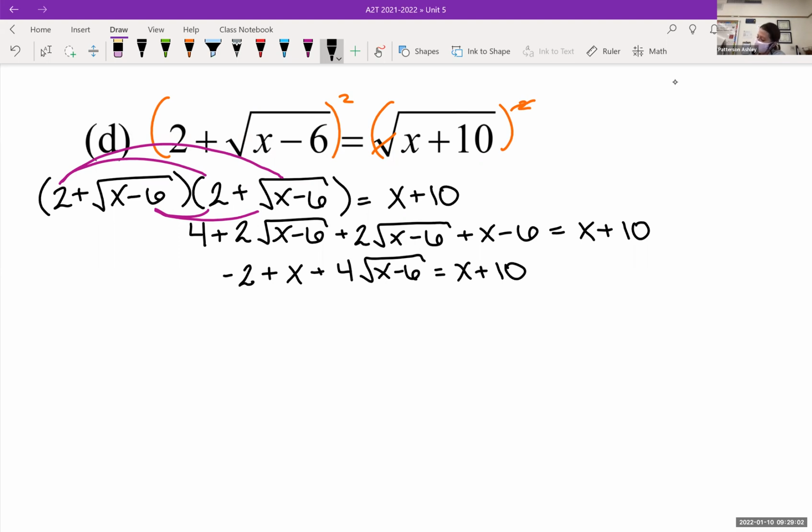So let's add 2 to both sides, leaving us with x plus 4 times the square root of x minus 6 equal to x plus 12. Just trying to isolate that second radical. If I add x to both sides, what's going to happen?